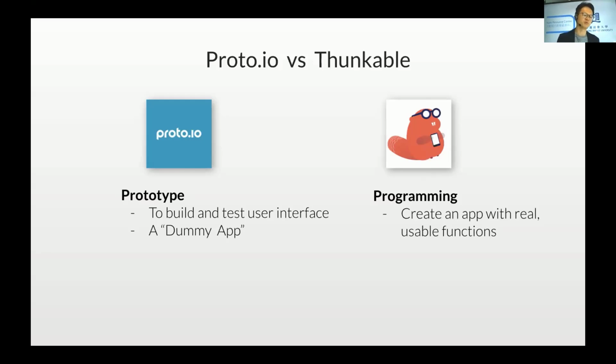Well, you cannot really open up a camera using Proto.io, but in Thunkable, you can make the app open up a camera, take a photo, and then use that image to do something. So it's very powerful, and you can do some real functionality using Thunkable. Proto.io is only for look and feel. Thunkable is functional. So you can make a real app out of Thunkable.